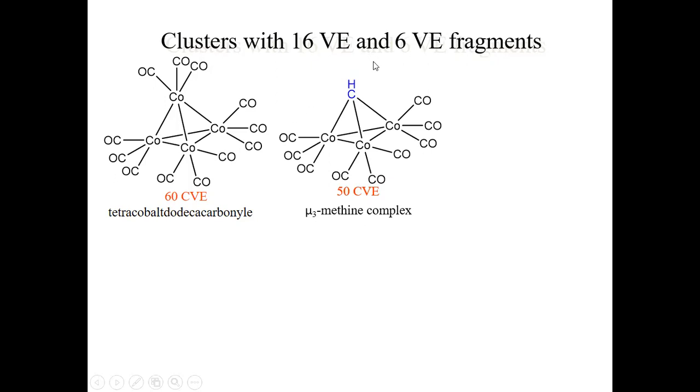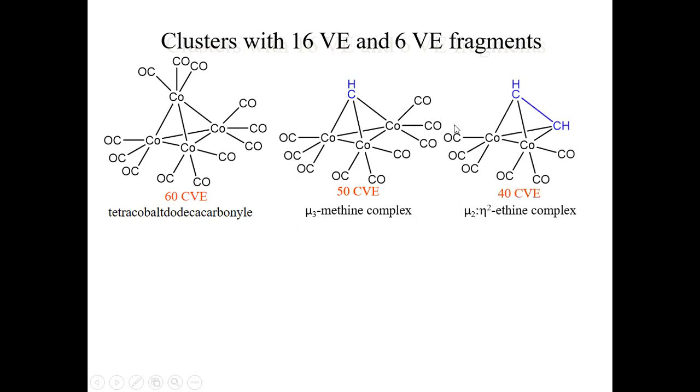So you see, with the help of the isolobal concept, you can understand the stability of this complex. So we can call this a mu3 methine complex because a methine CH unit bridges 3 cobalt atoms. So now again, we can do this not only once, we can also do this multiple times, that substitution. So we can substitute another CCO3 fragment by another CH unit. And then we arrive at this tetrahedral molecule here.